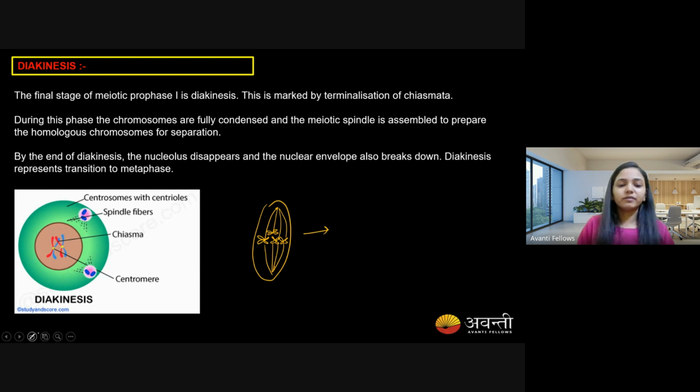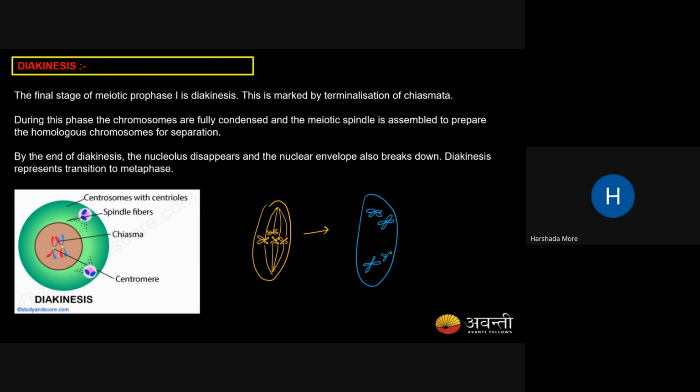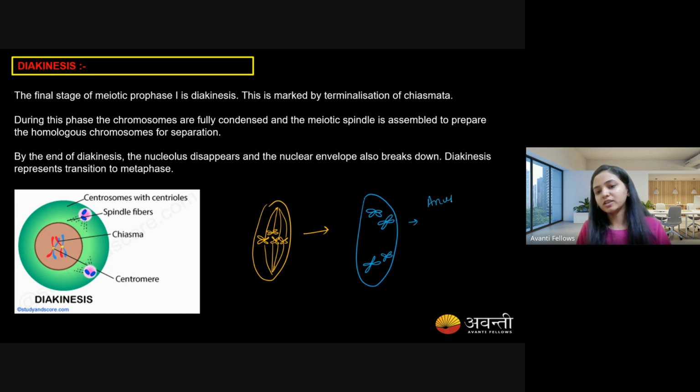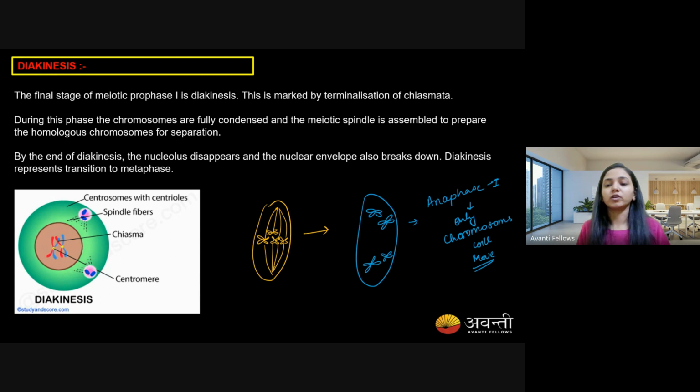After finishing metaphase, what will happen? 2 chromosomes will move to one pole and 2 chromosomes will move to another pole. So it means in anaphase 1, only chromosomes will move to opposite poles. There should be no centromere splitting. This is known as anaphase 1.